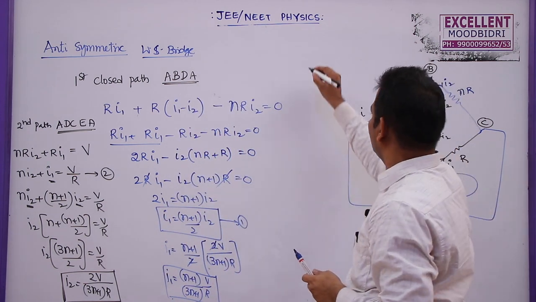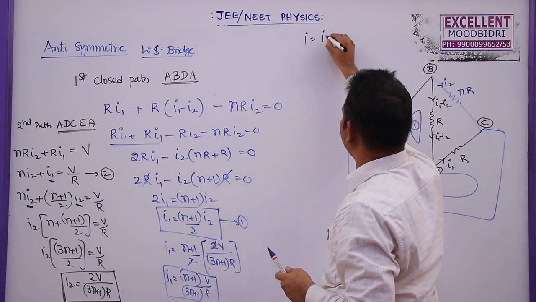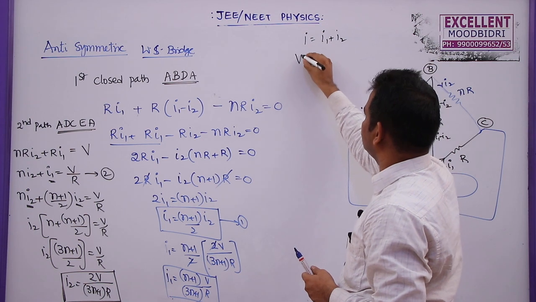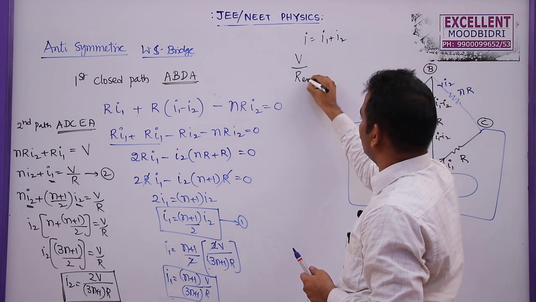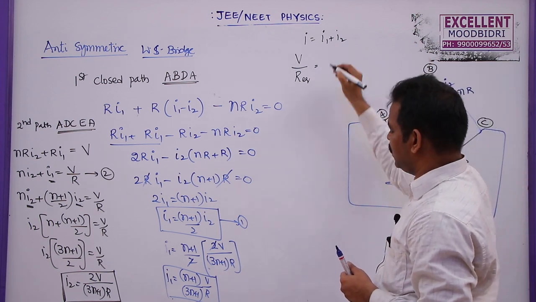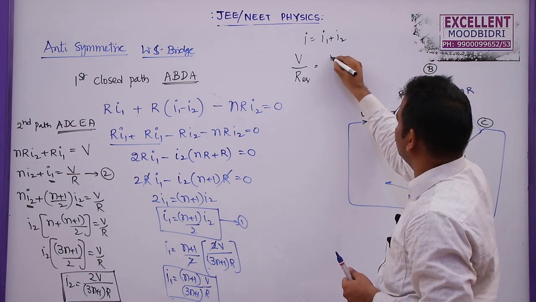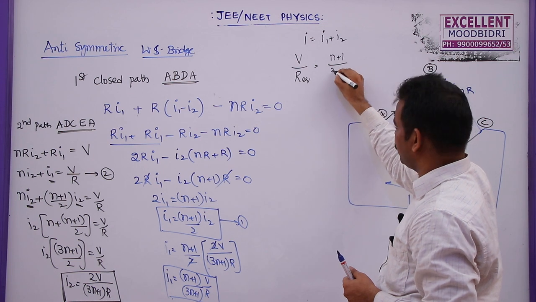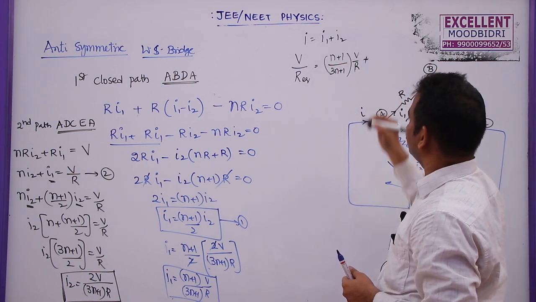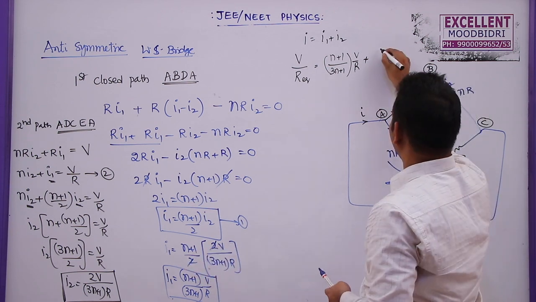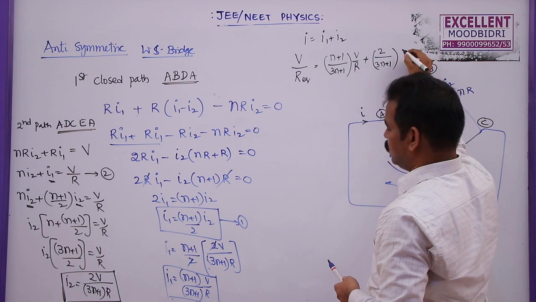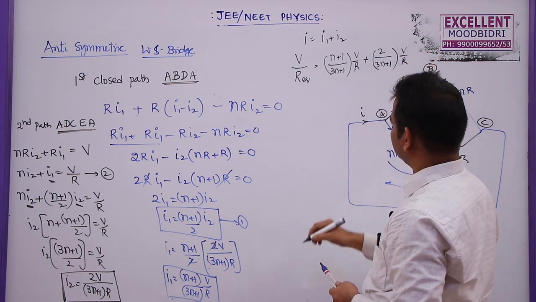So the total current in this branch is I1 plus I2, which is total potential applied divided by the total resistance of this bridge combination. I1 is (N plus 1) by (3N plus 1) into V by R, plus I2, which is 2 by (3N plus 1) into V by R.